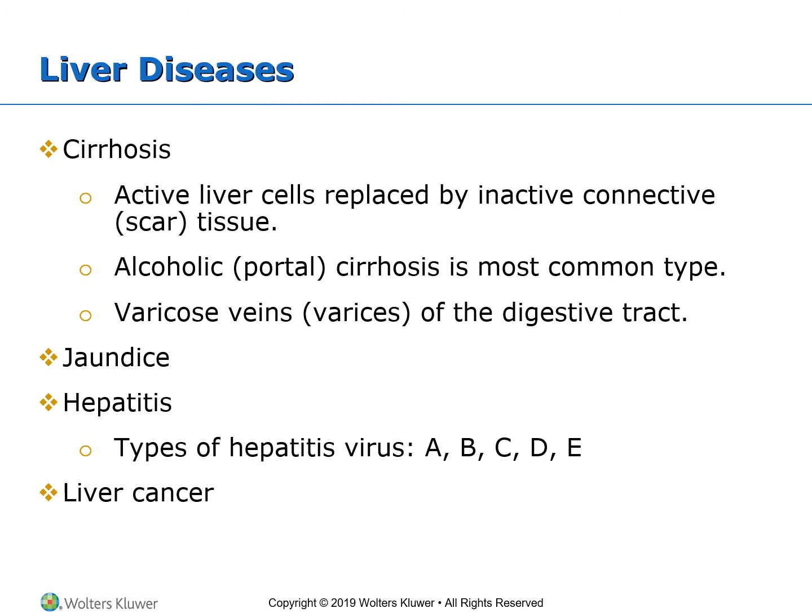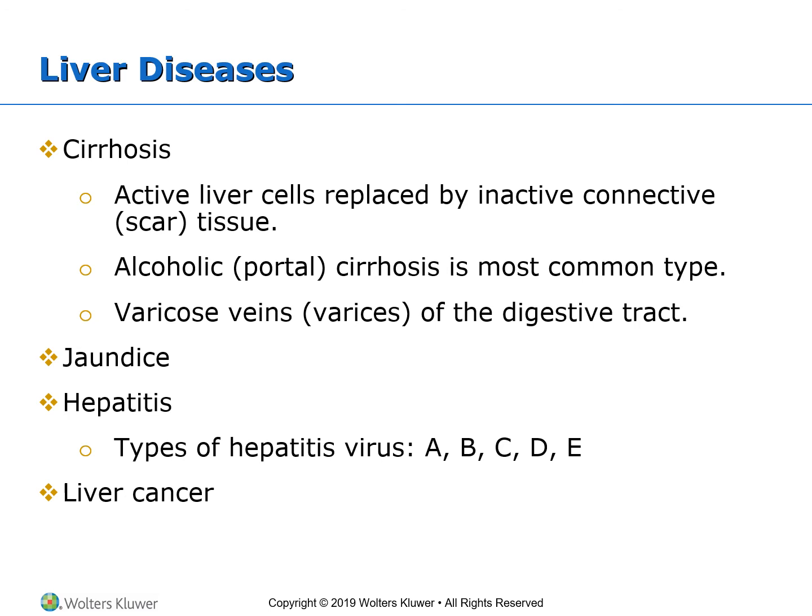We can see hepatitis that is toxic or chemical, and we see those that are viral. There are 5 different types of viruses, A, B, C, D, and E, with the B type being the one that is transmitted by exposure to blood or body fluids.